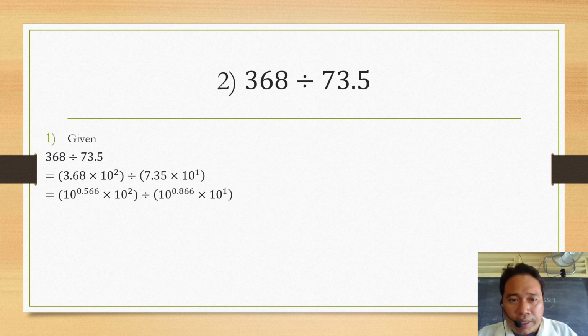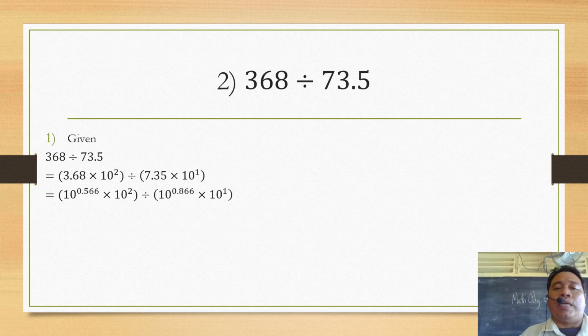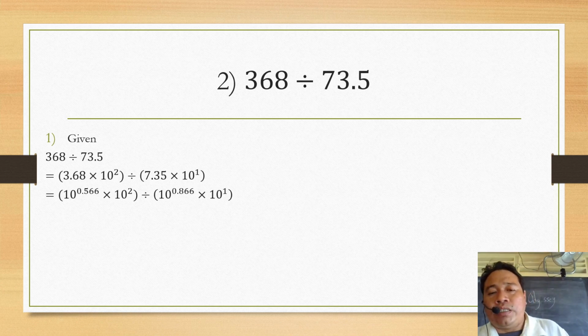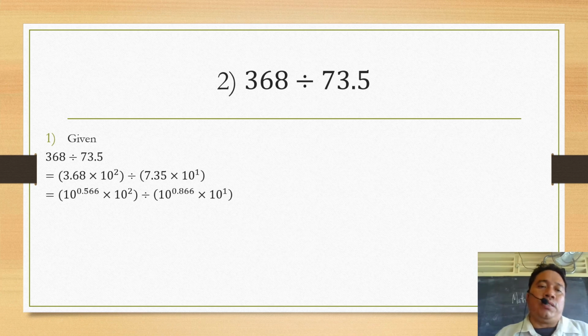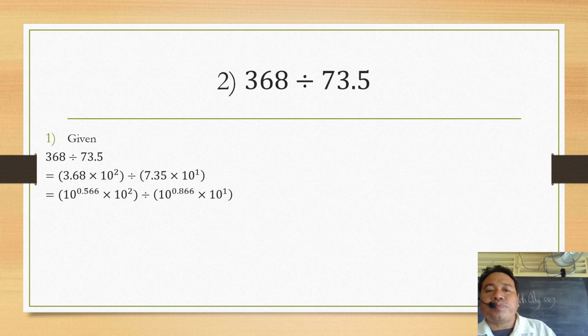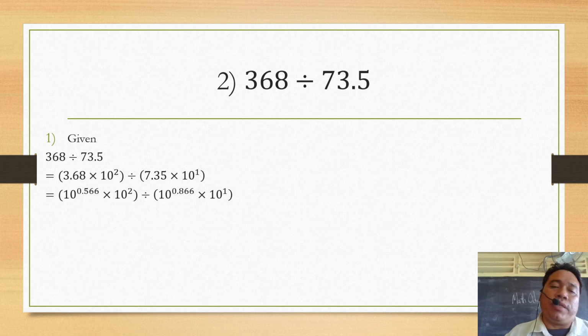So I'll need to find the log of 3.68, which is 10 to the 0.566, and the log of 7.35, which is 0.866, giving me, open bracket, 10 to the 0.566 times 10 to the second, divided by, open bracket, 10 to the 0.866 times 10 to the first.